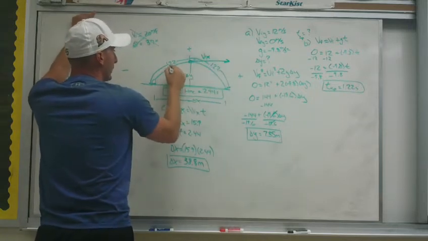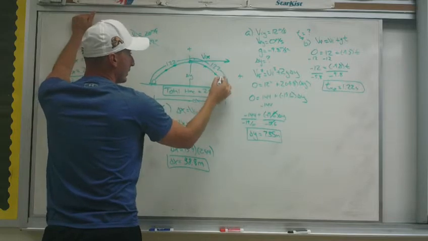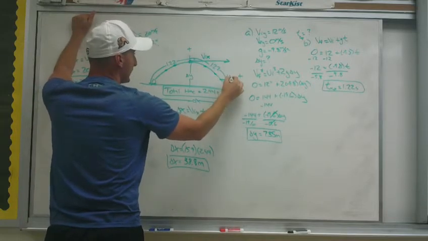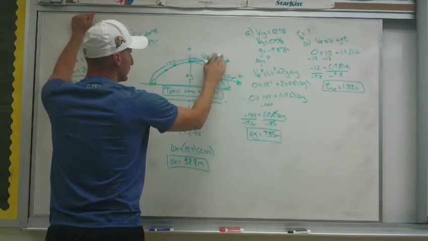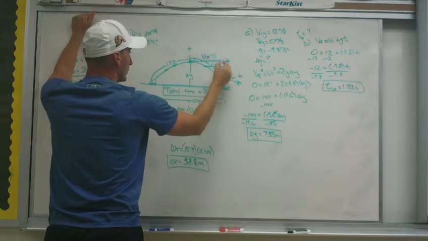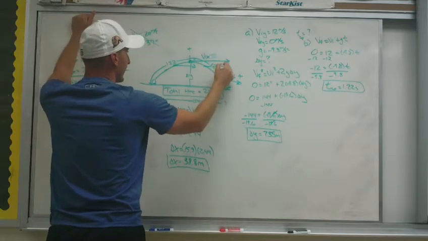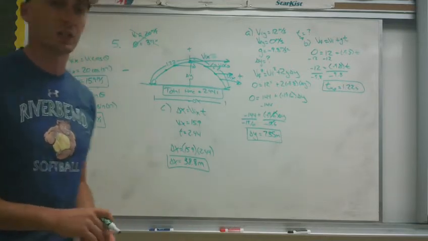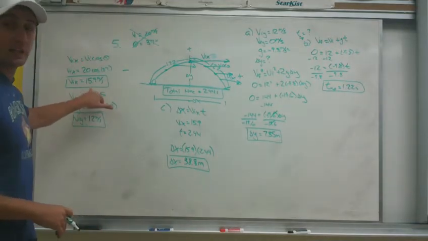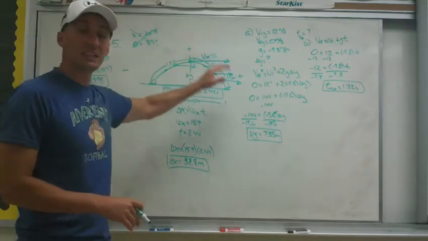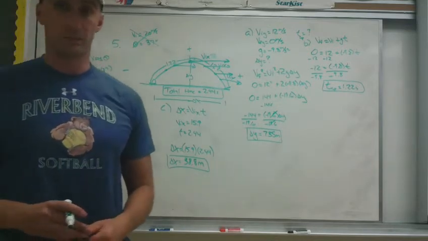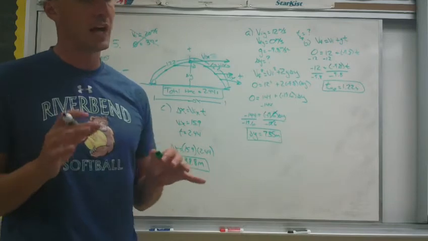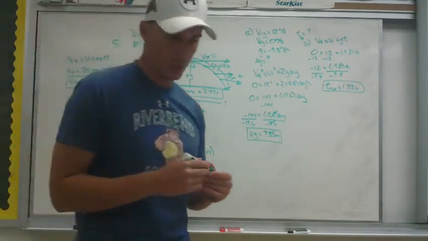Because at any point, if you were to go to any point here, VIX would always be the same. So if at any point it asks you what is the velocity in the x direction, and you have already calculated VIX, VIX is the same at every single point. This doesn't hold true for VIY.